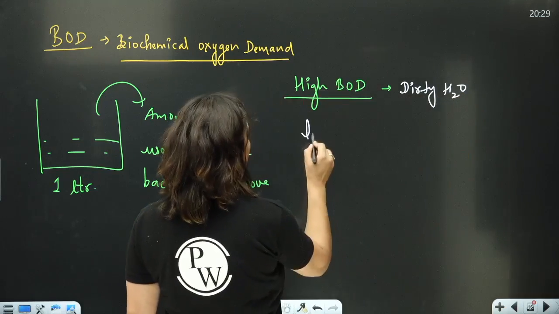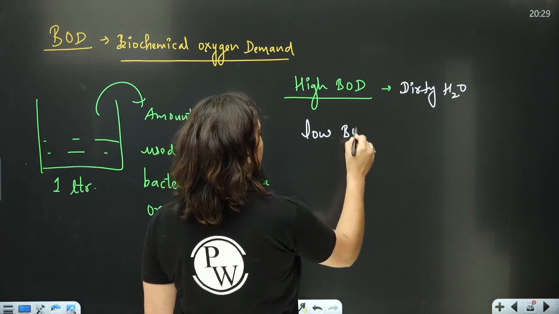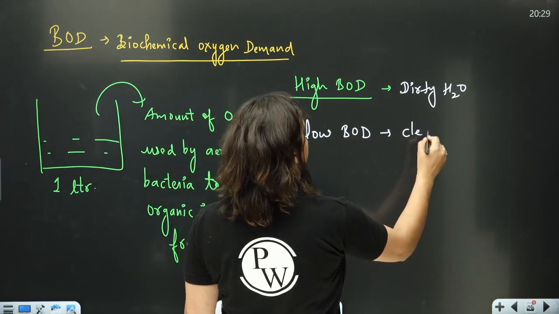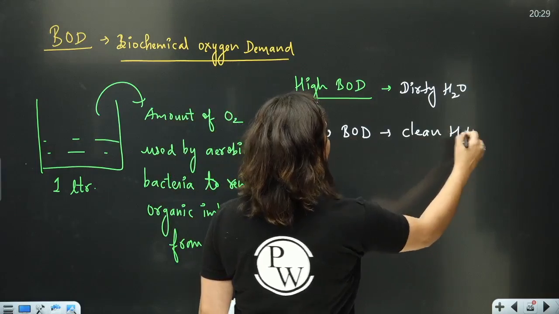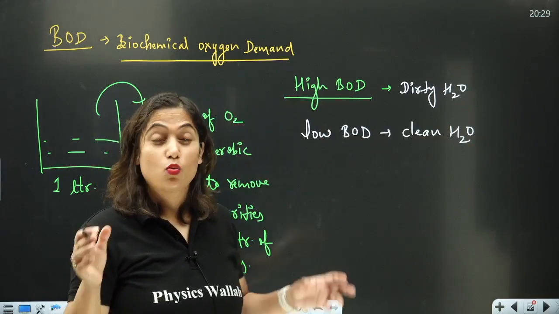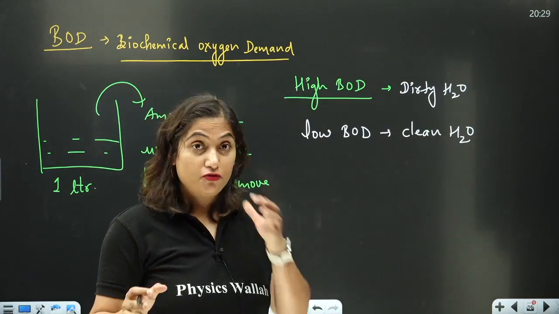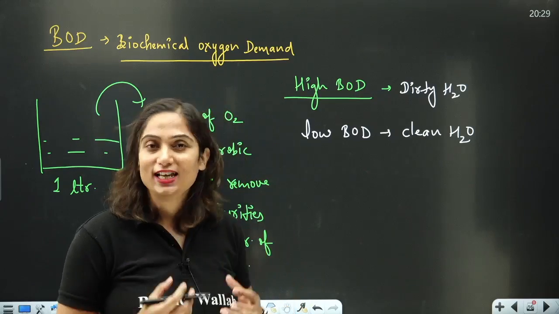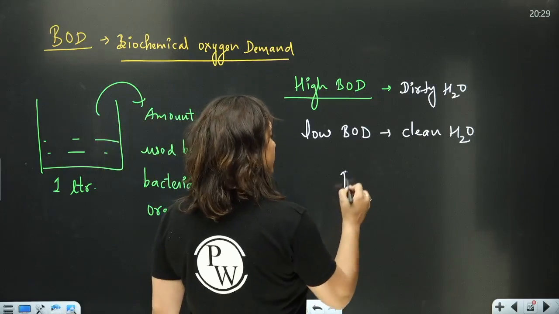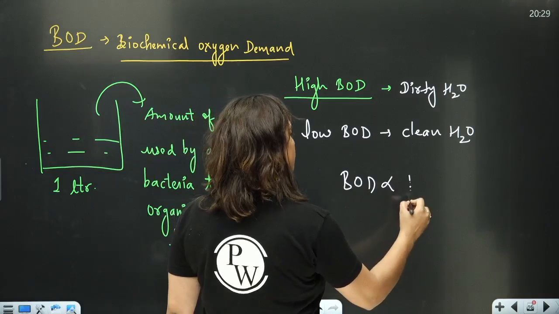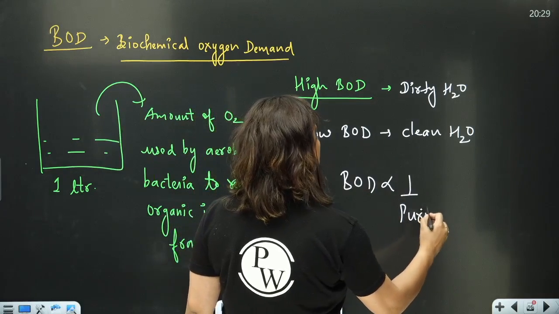And low BOD indicates that the water is clean. So if the value of BOD is high, that means the water is dirty. And if the value of BOD is low, that means the water is clean.